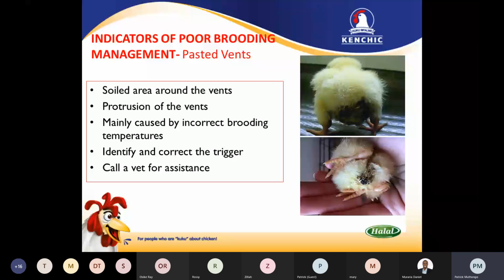Protrusion because this chick is trying to push the droppings out, but since the dropping coming out is a bit sticky, it blocks the vent, so the dirt cannot come out.